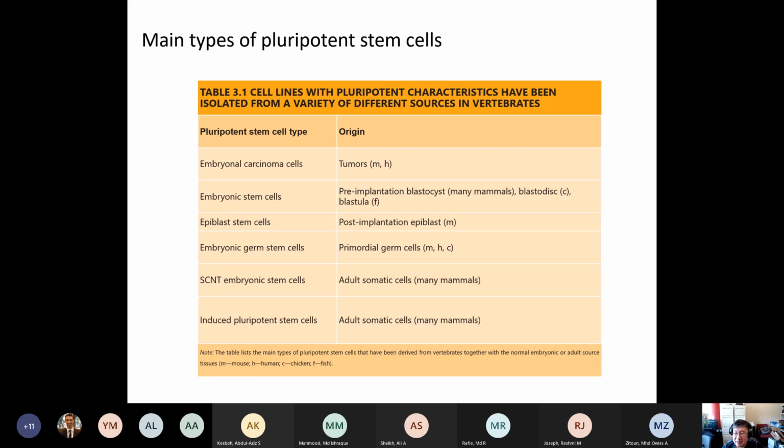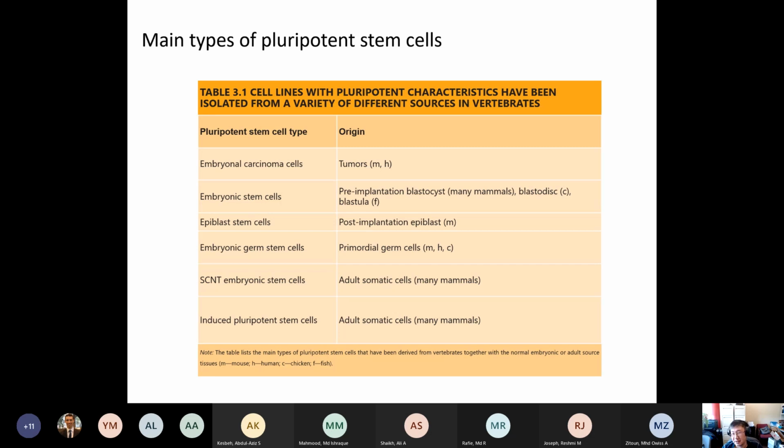During embryogenesis, some cells have already been assigned to eventually become sperm and oocyte. At the very, very beginning, before you even have all the organs, some cells have already been committed to eventually become the germ cells. So those embryonic germ stem cells are also pluripotent.